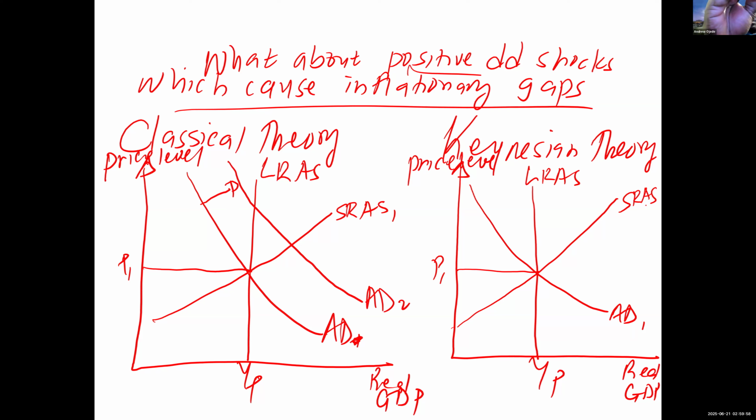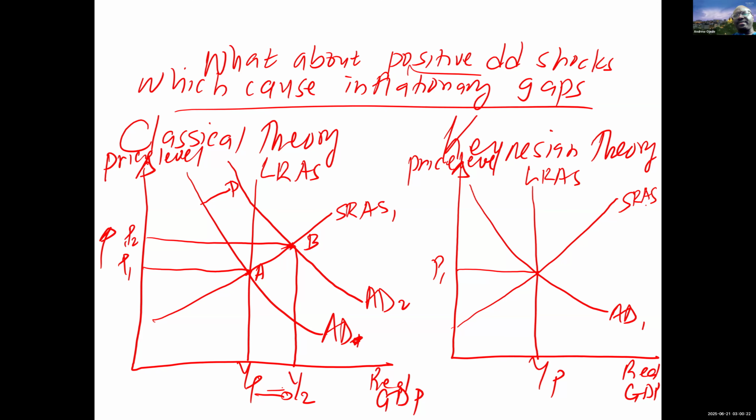So the economy is going to move from point A, from the long run to the short run, to point B. This is what we are calling an inflationary gap. A positive demand shock causes an inflationary gap. So in the short run, price goes up, output goes up.